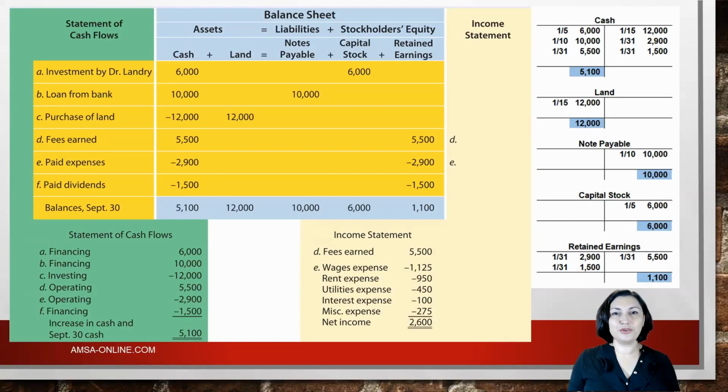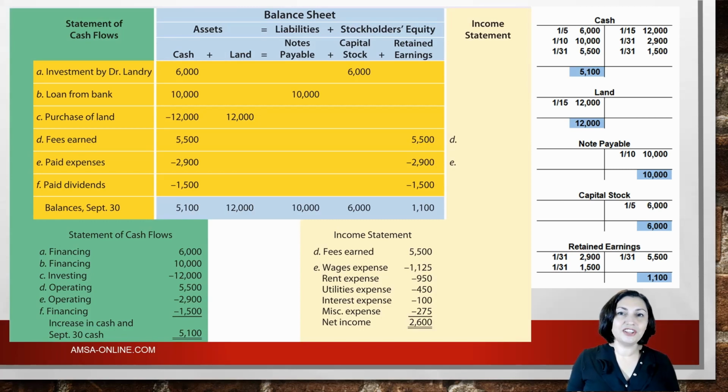Now, let's look at all transactions and how it all comes together. We had multiple transactions that involved cash. We had more receipts than disbursements. As a result, the balance in the cash account is $5,100, and the balance is shown on the debit side of the cash T account.